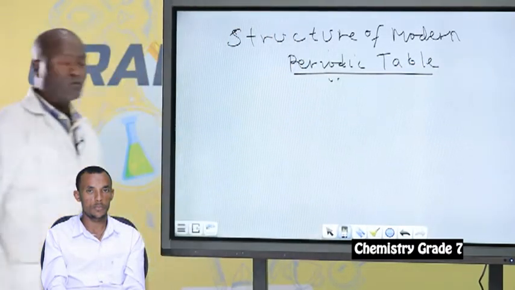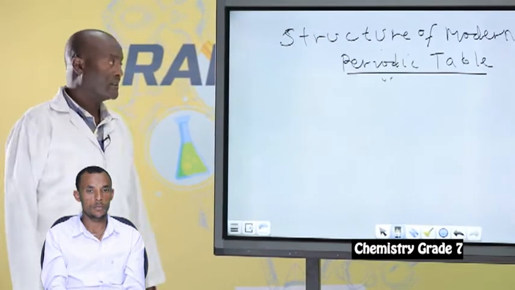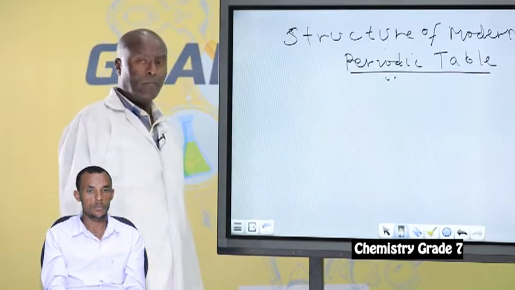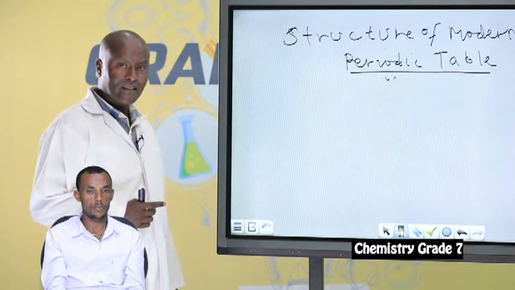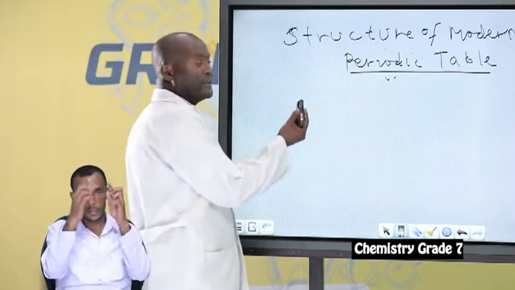The structure of the modern periodic table. The modern periodic table is classified into periods and groups. Periods.